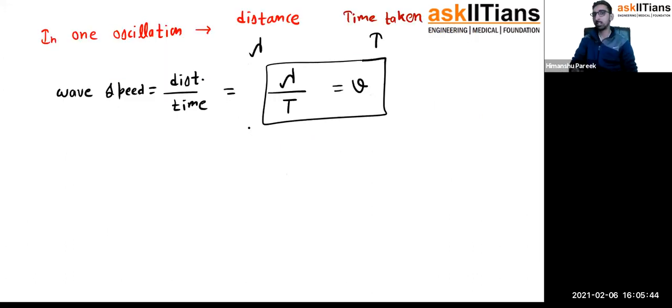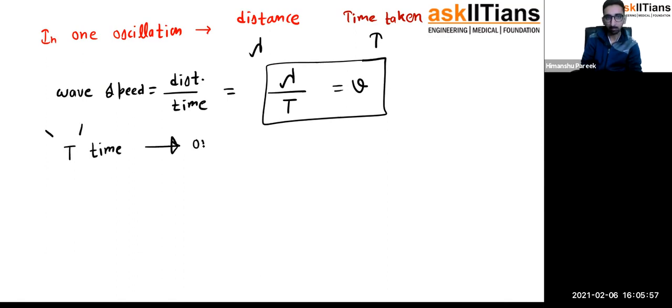Try to understand this term. In T time, what is happening? T is basically the time period. So in T time, one wave is being produced, or I can say one oscillation is being produced. Now T will have some value, suppose let's say 10 seconds.